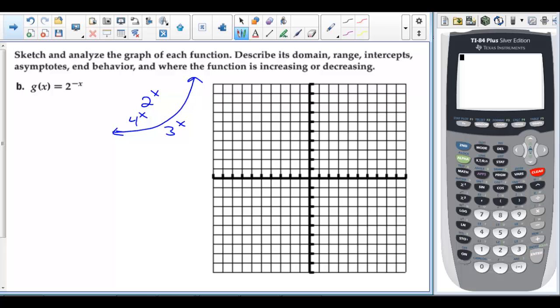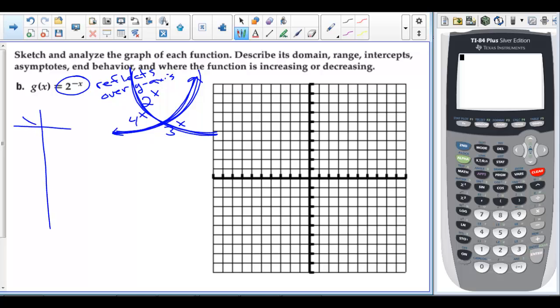Well, now if 2 to the x looks like this, then 2 to the -x, that's a negative on the inside. So that reflects over the y-axis. So now 2 to the -x looks like this if we reflect over the y-axis. Now if you want, you could plug in values: x, y, -3, -2, -1, 0, 1, 2, and 3.